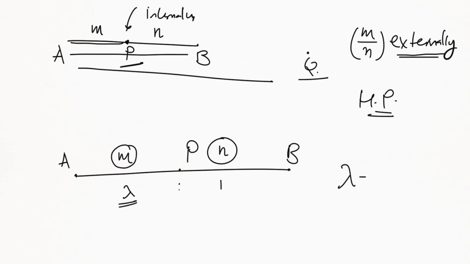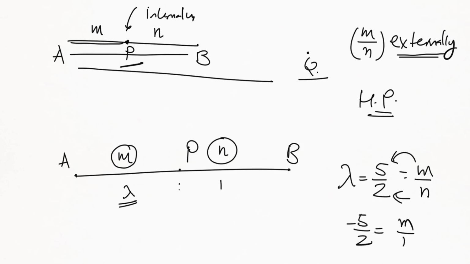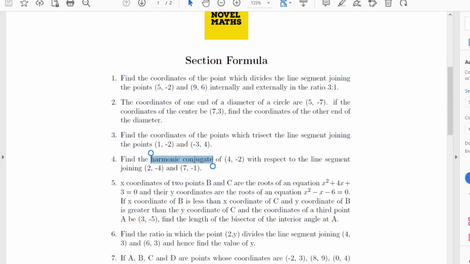Ultimately lambda will come as a fraction like 5 over 2. If the value is 5 over 2, that means this is m and n, right? If this comes -5 over 2, that means this is m over n and this is external division. So you can use this shortcut. Instead of m is to n using two variables, directly you can use lambda and 1 and finally get the fraction lambda.